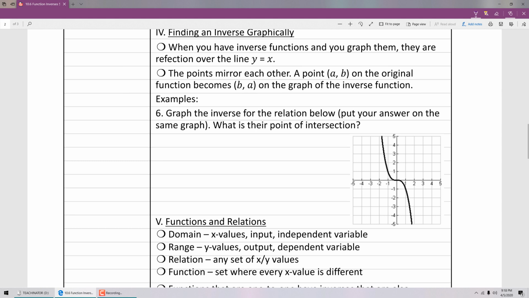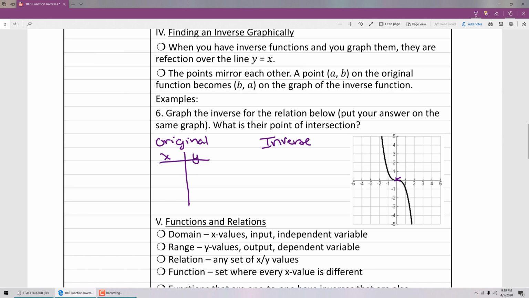So you could create a table. We have the point here, which is 0, 0. If we were to change that, so let's say our original here, and then our inverse. Alright, x comma y.